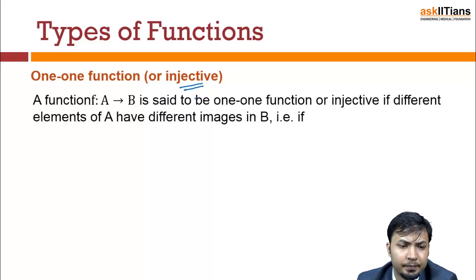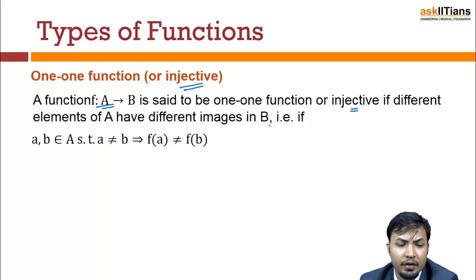What does it say? Any function from A to B is said to be one-one or injective if different elements of A have different images in B. That is, if a, b belong in A such that a is not equal to b, then f(a) is not equal to f(b).